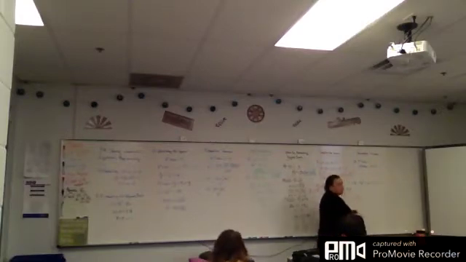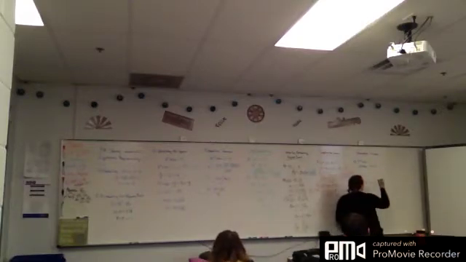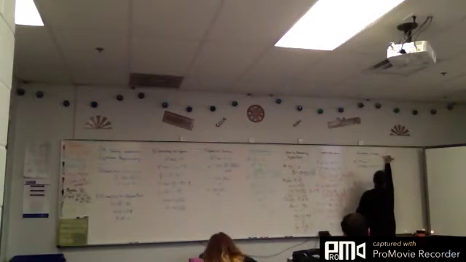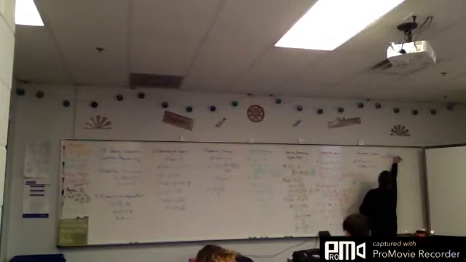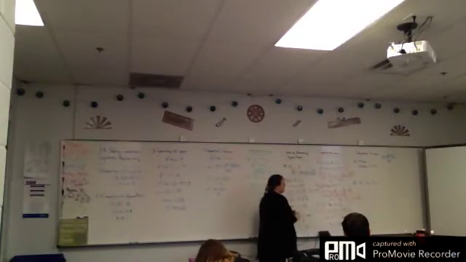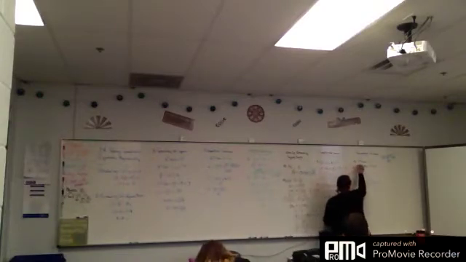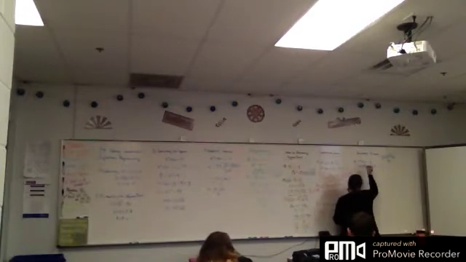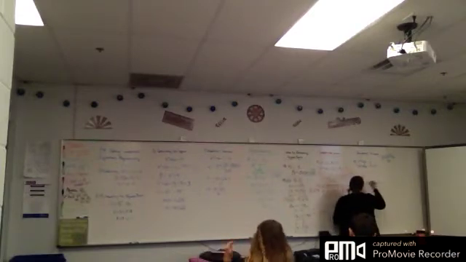Quadratic formula is what? Negative b plus or minus radical b squared minus 4ac over 2a. Correct. Where is my A, B, and C? A is 1, B is 3. A is in front of the x squared, B is in front of x, and C is your constant. So I plug those in.